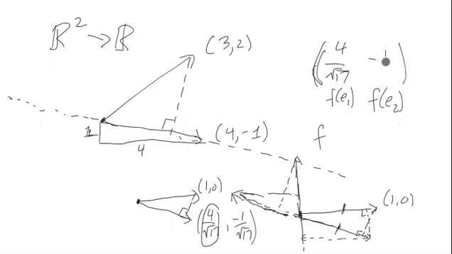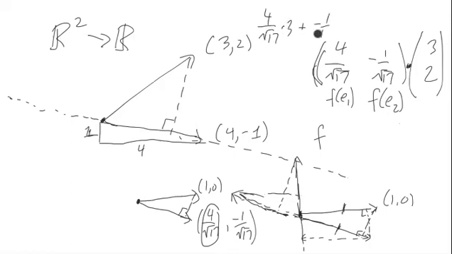So this is kind of interesting. In the column interpretation, if we input 3, 2 into the projection function, what we get is just this times 3 plus that times 2. This is called a Euclidean dot product, or a dot product here: 4 over root 17 times 3 plus negative 1 over root 17 times 2.